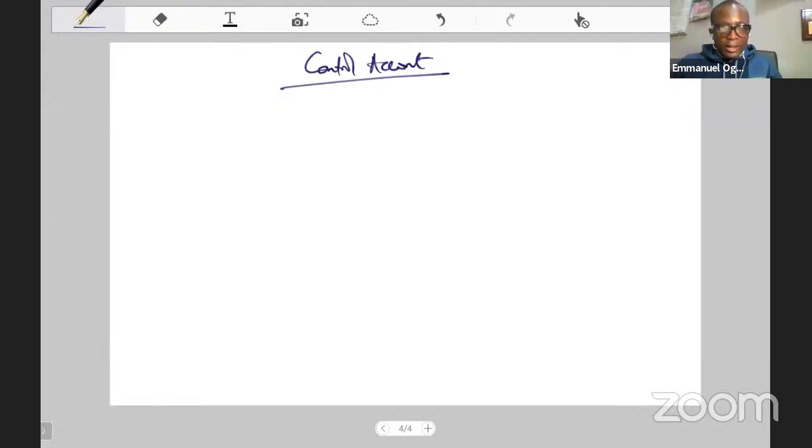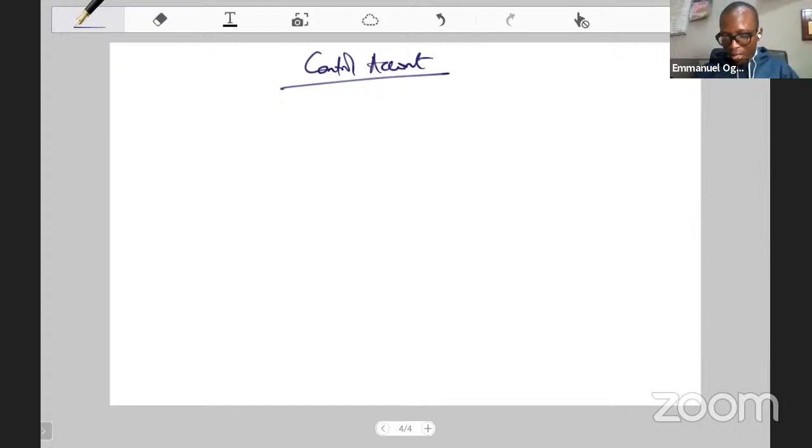What is control account all about? You hear a lot of definitions, and we have in our manual what control account is. The control account is actually on page 47.